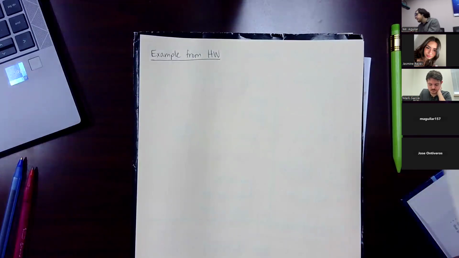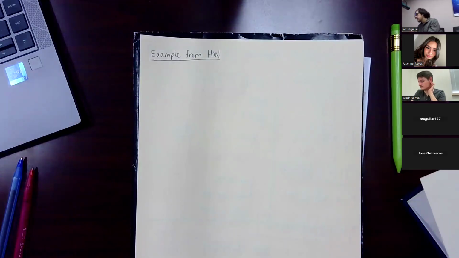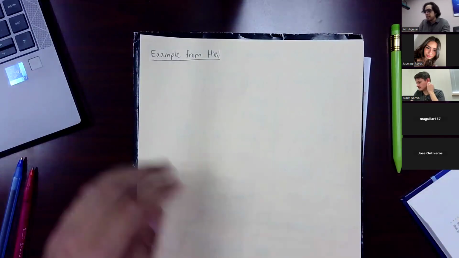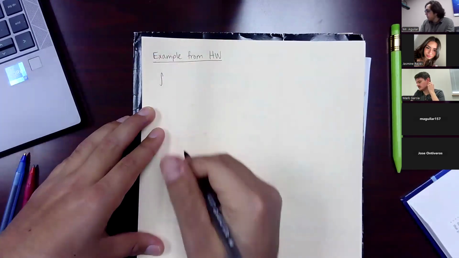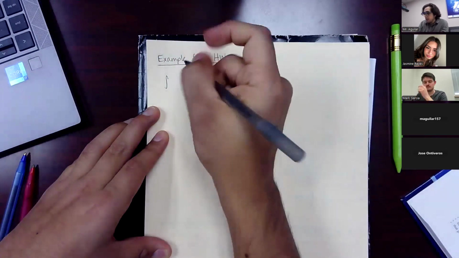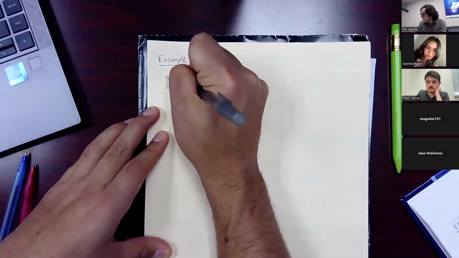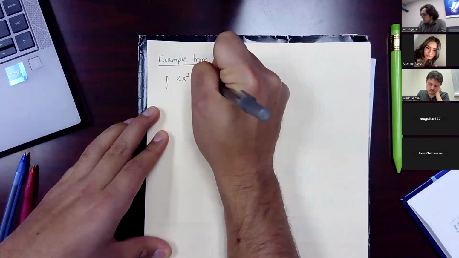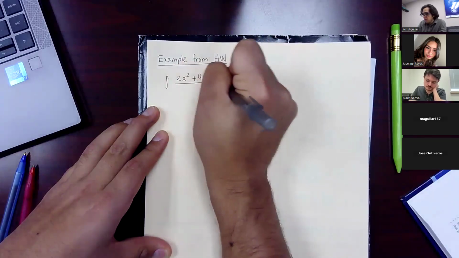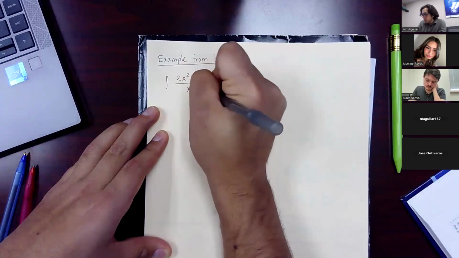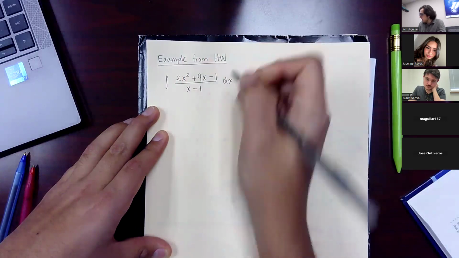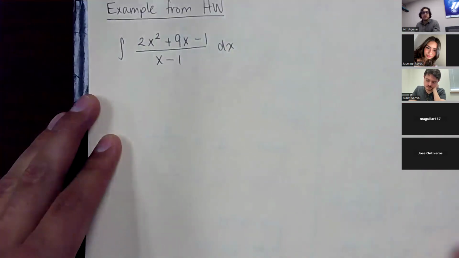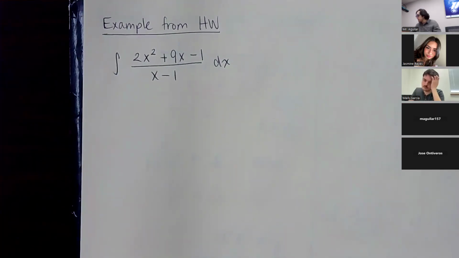We're going to take the integral of 2x squared plus 9x minus 1 all over x minus 1 dx. Zoom in. Give you guys a moment to write that down.